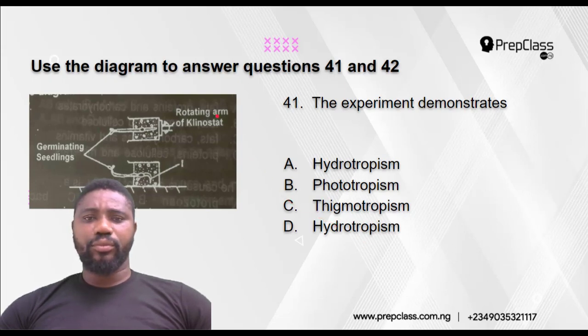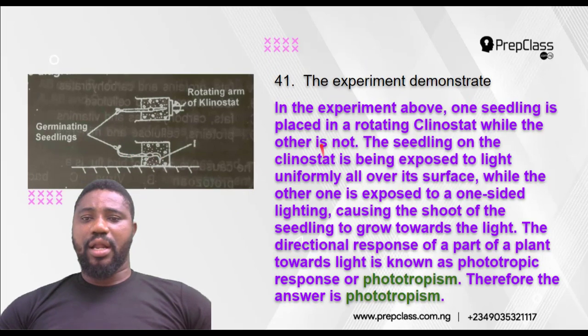Okay. So these are two plants. This is the control. This one is placed in a rotating clinostat. And this one is growing, bending, germinating seeds. Now in the experiment above, one seedling is placed in a rotating clinostat while the other is not. The seedling on the clinostat is exposed to sunlight uniformly all over its surface because the clinostat is rotating.